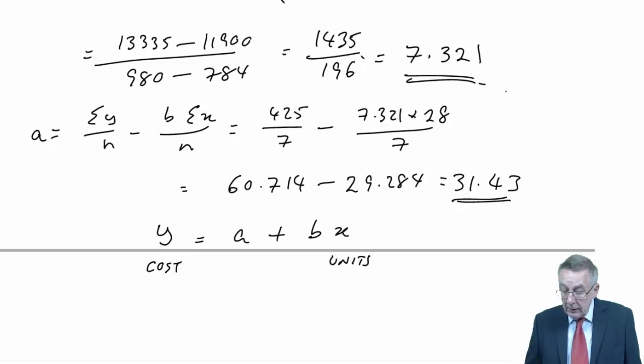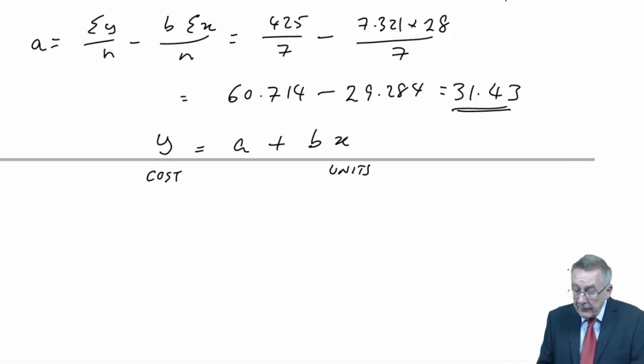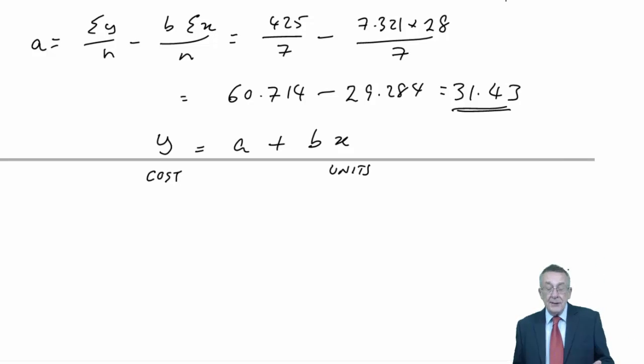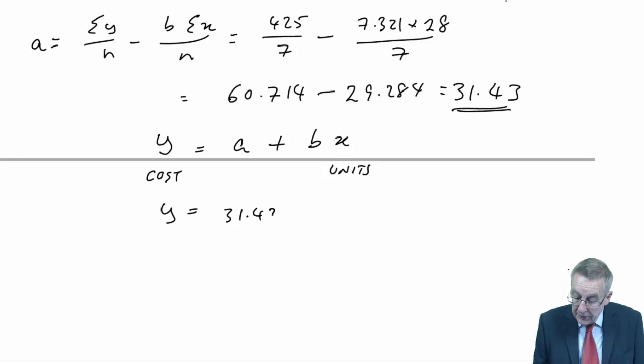The point being, when we did the costs were all in thousands, and the units, I beg your pardon, were all in hundreds. So if I write the formula like this, A is 31.43, B was 7.321.